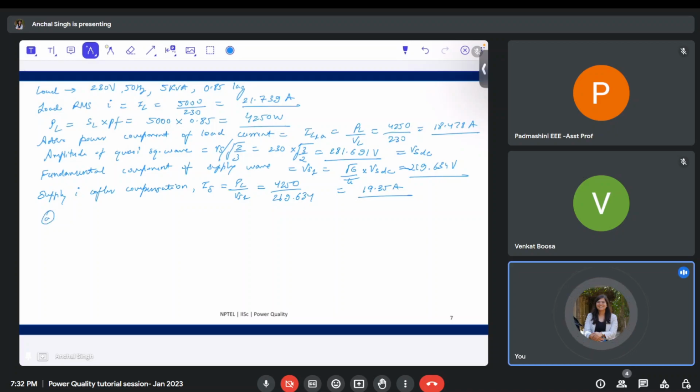Now, in the question, we were asked to calculate the voltage rating of shunt element. Let me call it as VFSH. We know that it will be equal to 230 volts because of the load.